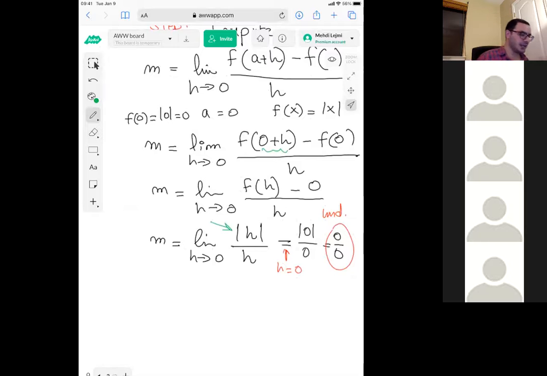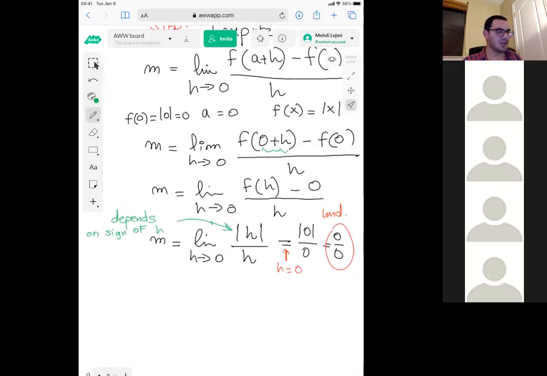But if h is negative, then the absolute value of h would be the opposite, that would be minus h. So the absolute value of h depends on the sign of h.